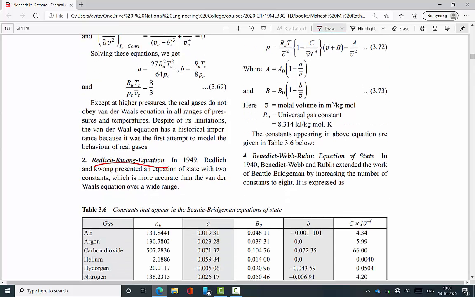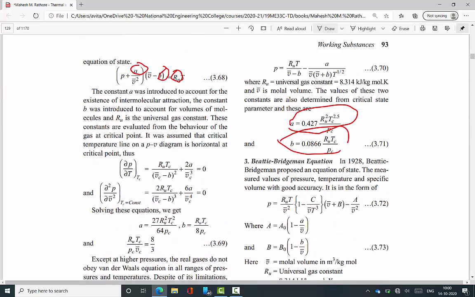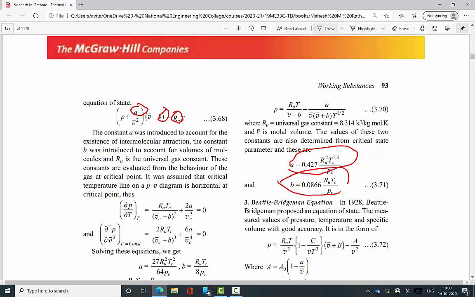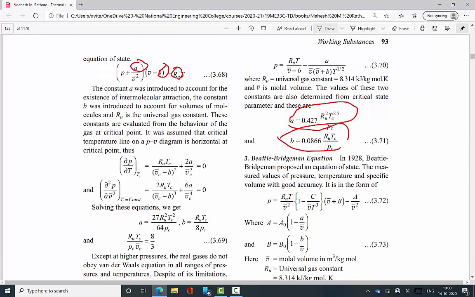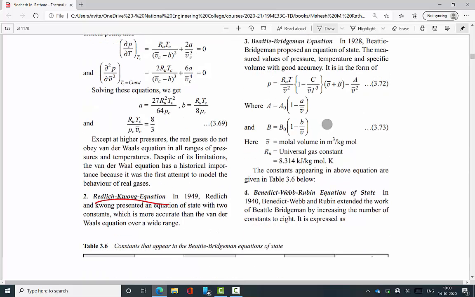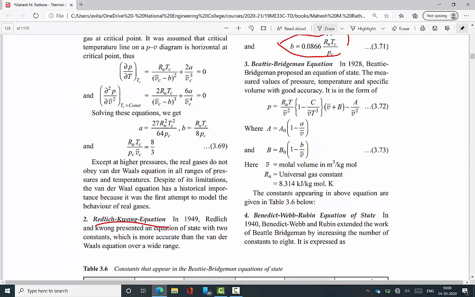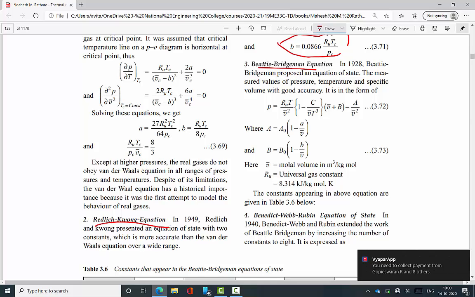the Redlich-Kwong equation. Redlich and Kwong presented an equation of state with two constants. Then third, the Beattie-Bridgman equation of state, which fits the measured values of pressure, temperature and specific volume with good accuracy.